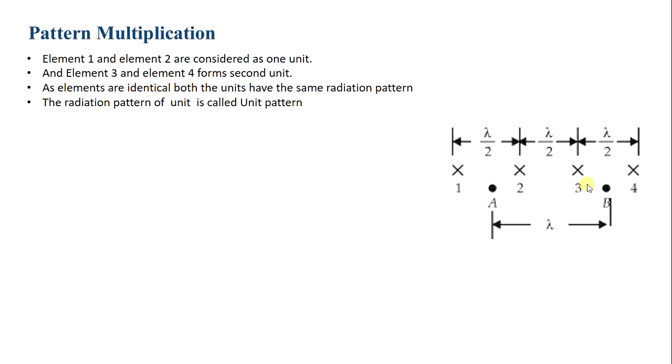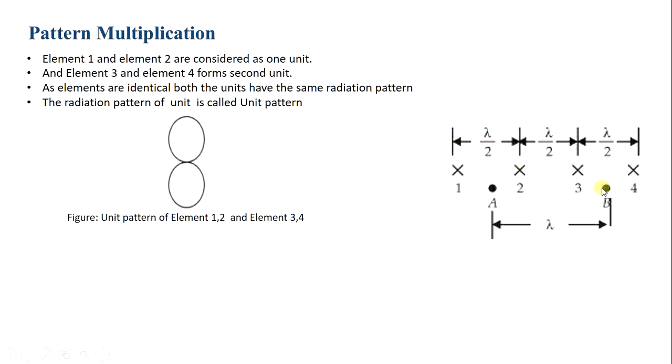The radiation pattern of a unit is called the unit pattern, and the unit pattern of elements 1, 2 and elements 3, 4 is shown in the figure. It has maxima at 90 degrees and 270 degrees. Now the single antennas A and B can be used to replace antennas 1, 2 and antennas 3, 4 respectively by locating them midway between them.